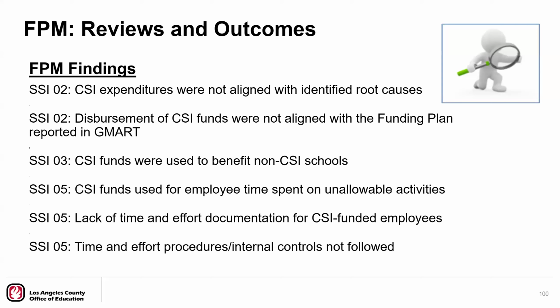For SSI 2, the CSI expenditures were not aligned to what was identified as the root cause, or were not dispersed in alignment with the funding plan that was submitted in GMART.